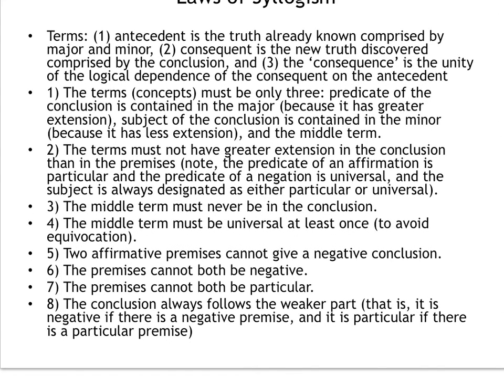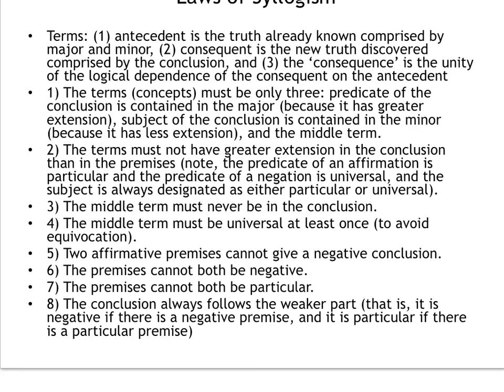So, in order for a syllogism to be valid, there must only be three terms: major term, minor term, middle term. Middle term we've talked about. It's what links the two judgments together. The major term is the more universal of the two other terms, okay? And the minor term is the less universal, or the more particular.